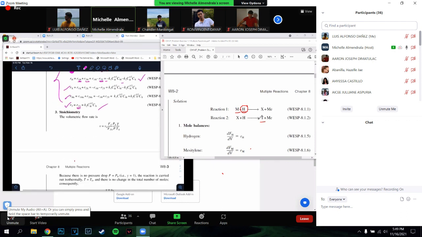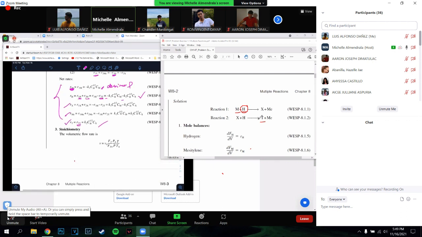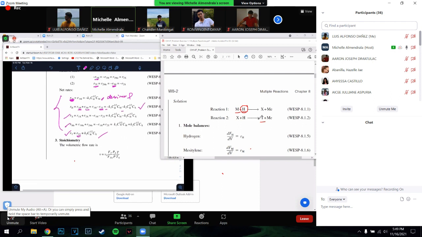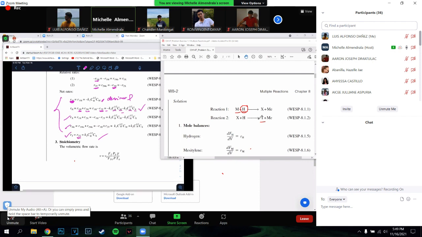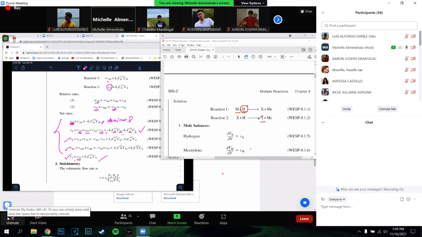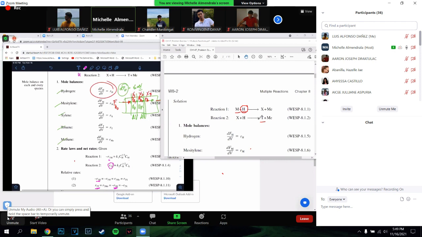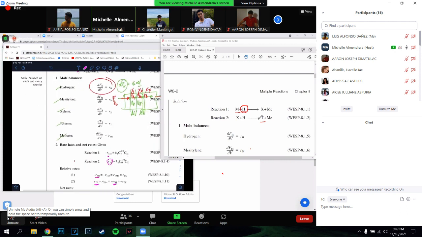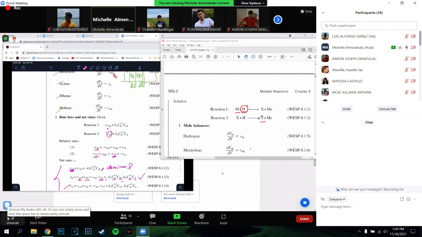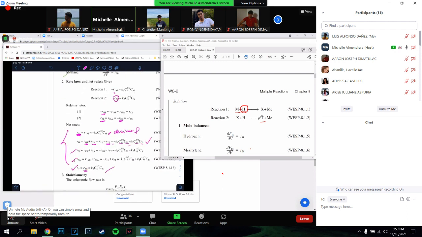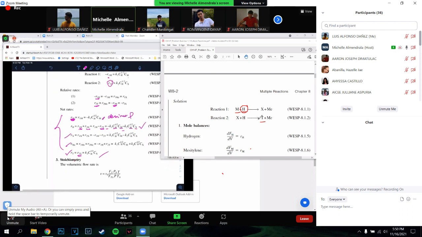Anyway, so these are the expressions for the rate of the reaction. Now we go to stoichiometry. Our objective again is finding the concentration of the reactants remaining and the products that have been formed. So how are we going to get that? First we start with the rate expression, defining the flow rate changes, the rate expression, the rate law.